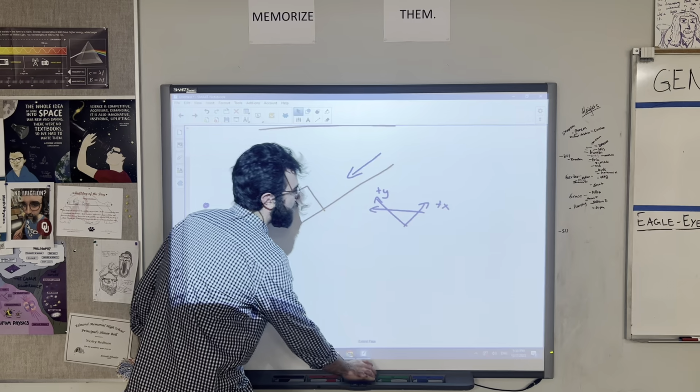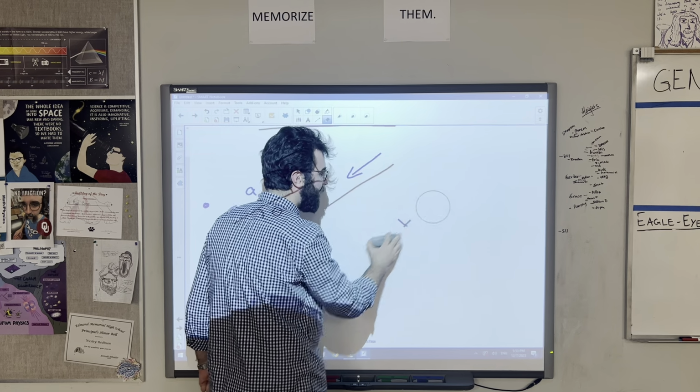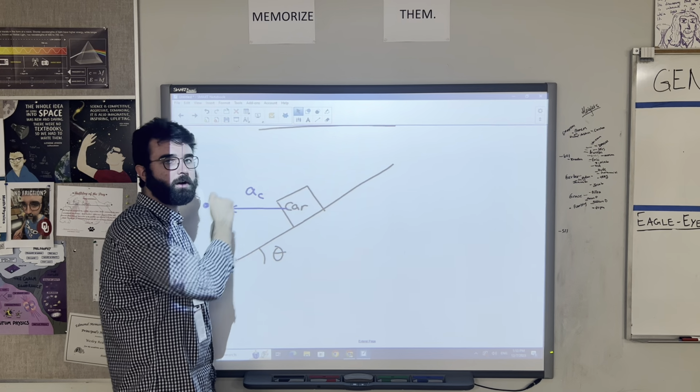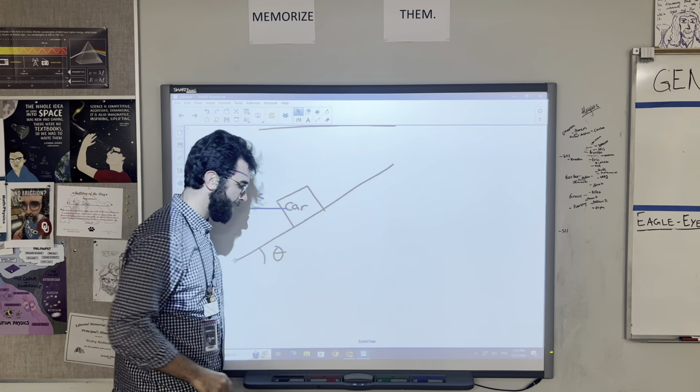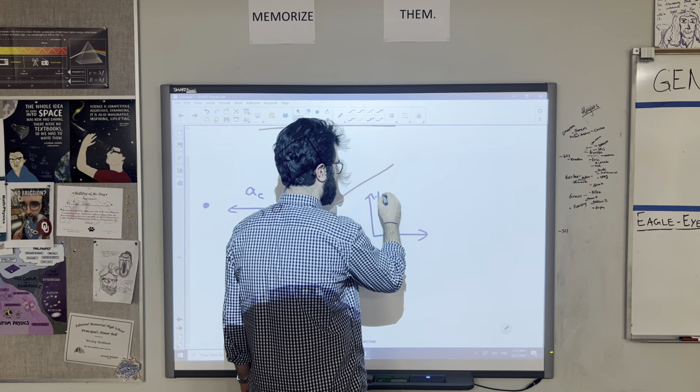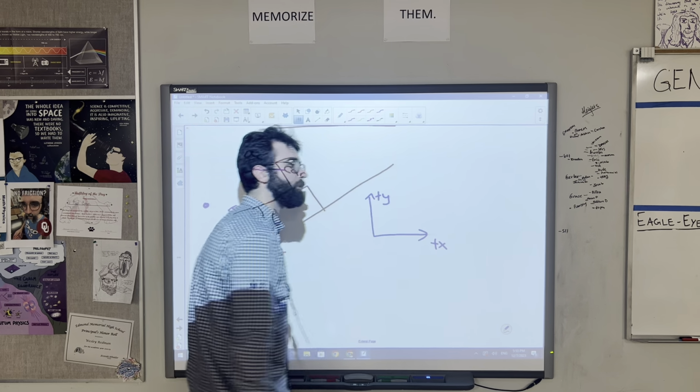So for a banked curve problem like this, because we need to pick a coordinate system such that all of our acceleration is just in one direction, we are actually not going to tilt our axes.